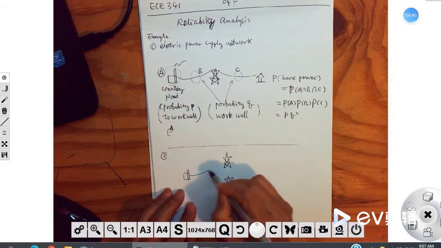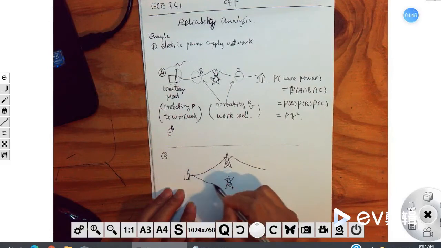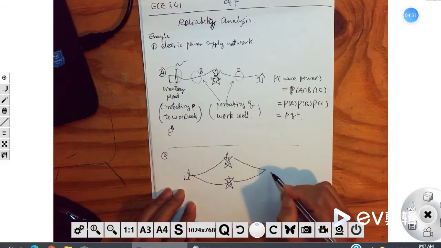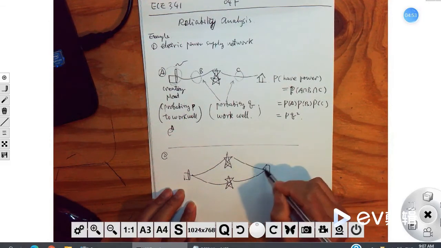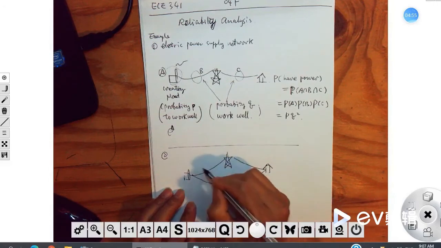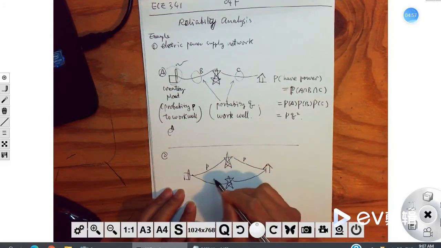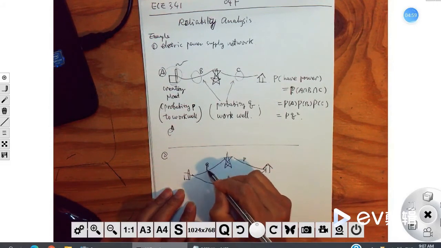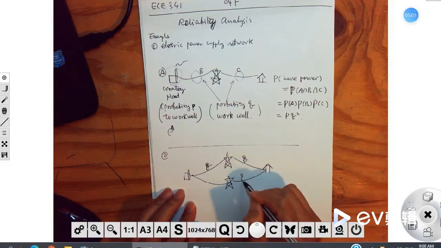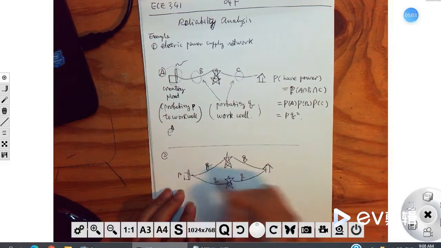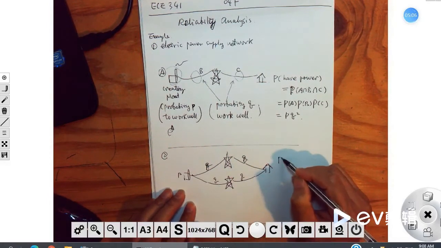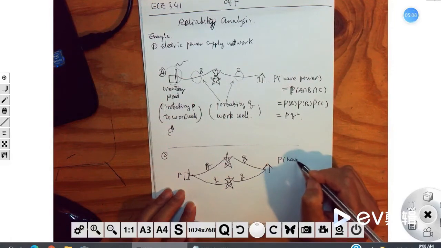Here is also Q, and Q, and this is P. Then you have power.